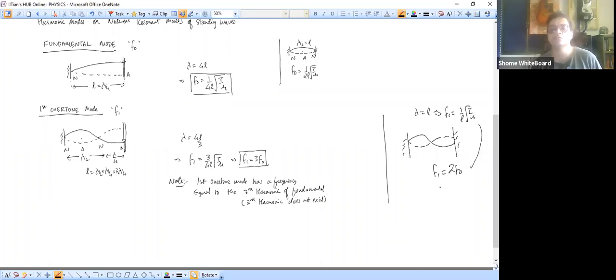So the first overtone was the second harmonic, but here the second harmonic does not exist. The first overtone is straight away the third harmonic after the fundamental. So if this frequency, for example, is 100 hertz, then the next lowest frequency at which it can vibrate is 300 hertz. It cannot vibrate at 200.